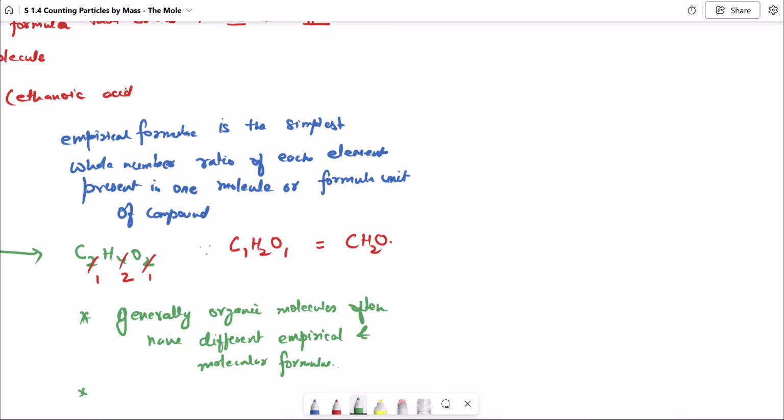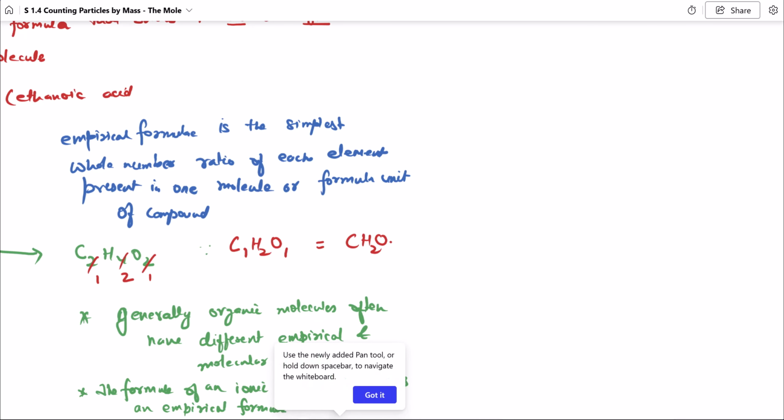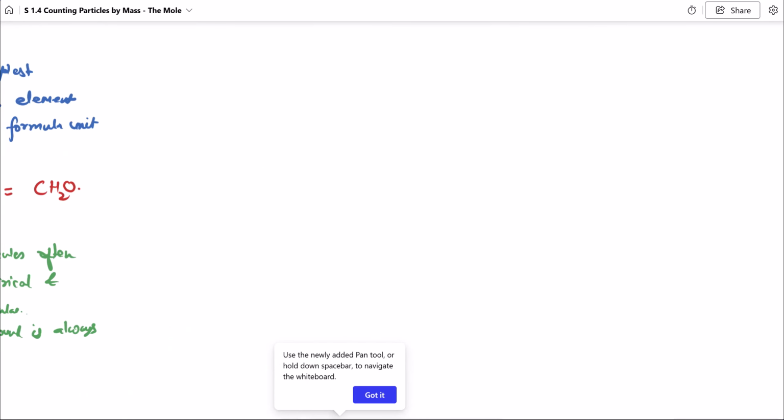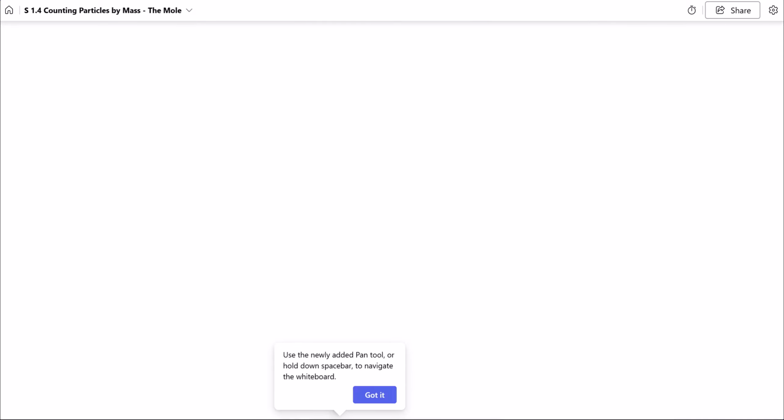Just to be on the safer side, understand that the formula of an ionic compound is always an empirical formula. You just remember. Okay? Let's discuss a few examples of what kind of questions you are going to get from the empirical section.